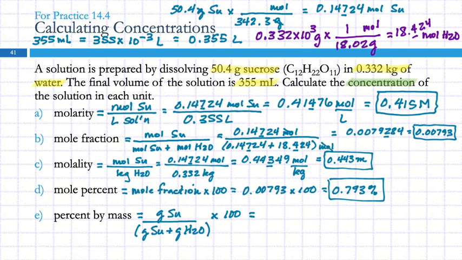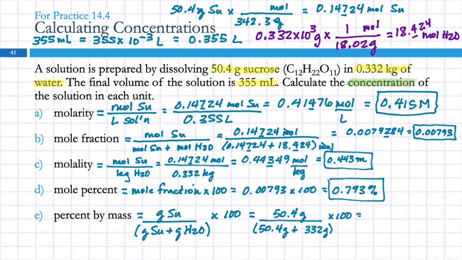So grams of sucrose was just given to us, 50.4 grams. And then down here, we've got 50.4 grams plus 0.332 kilograms of water, right? So that's going to be 332 grams of water.